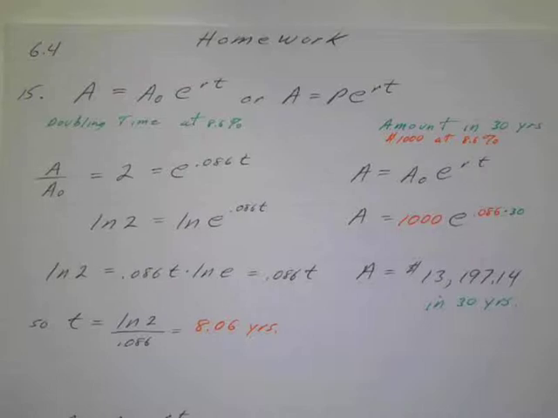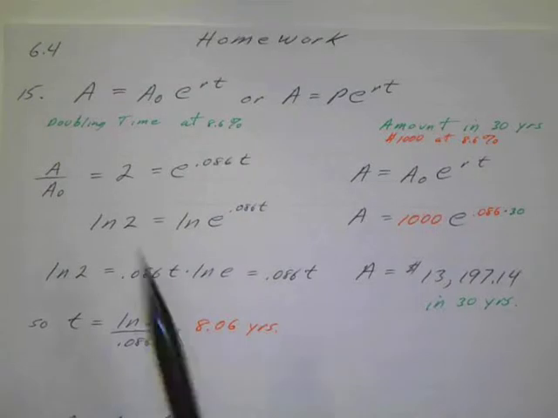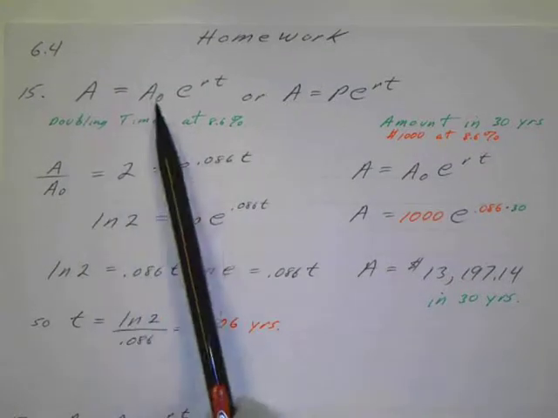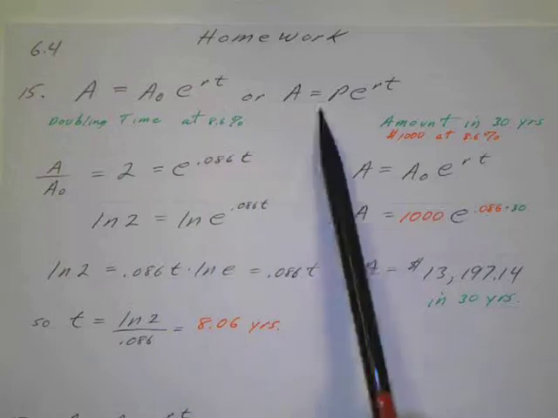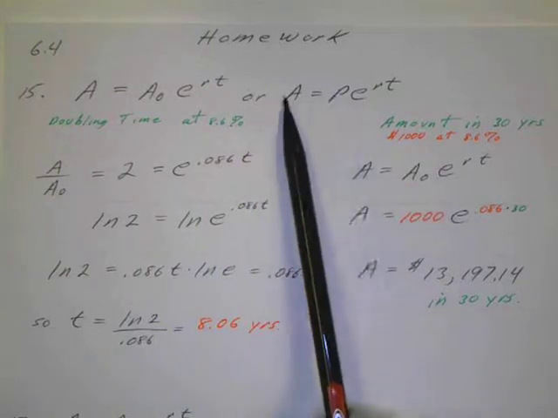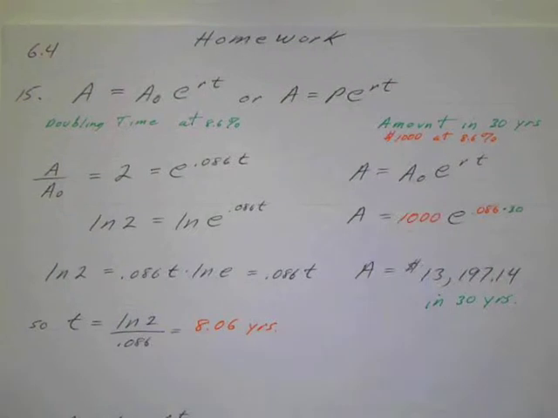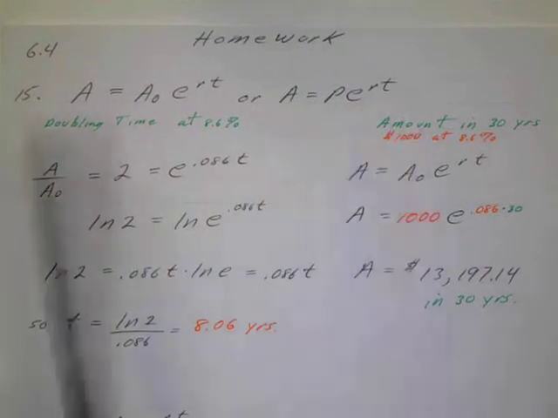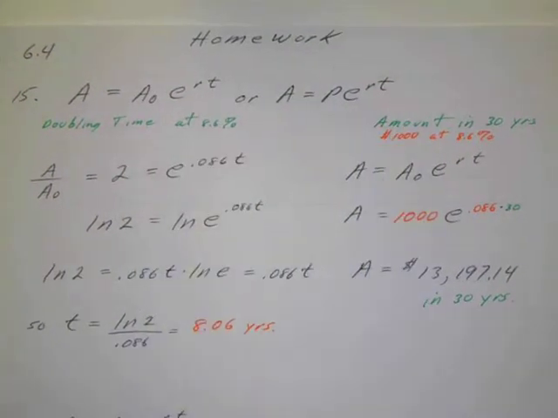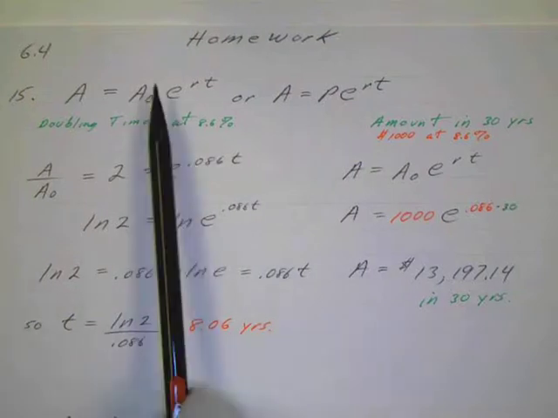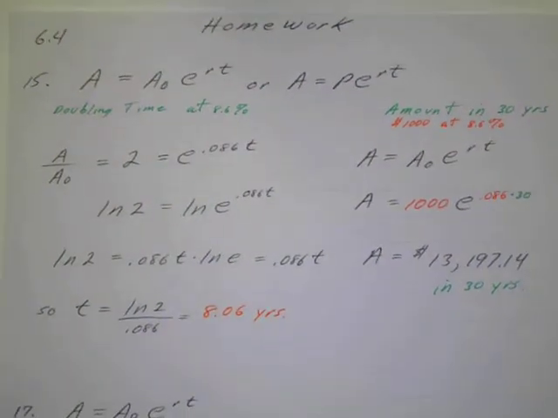And if interest is compounded continuously, we use this exponential form: A equals a sub 0 e to the rt. Now, sometimes you might have seen this as PERT, where amount equals principal times e to the r times t. We actually derived this, so this is where PERT came from. But we'll just use the a sub 0 because that's what they're using in the book.